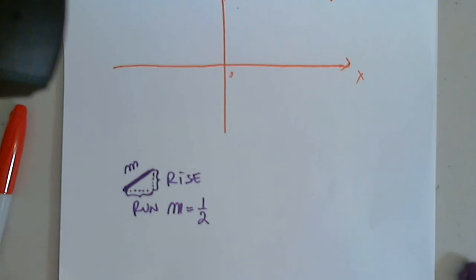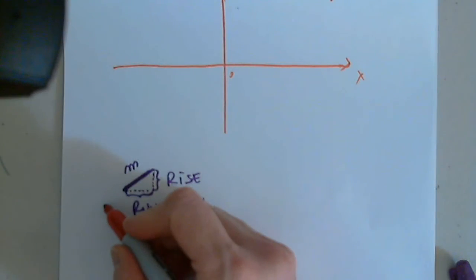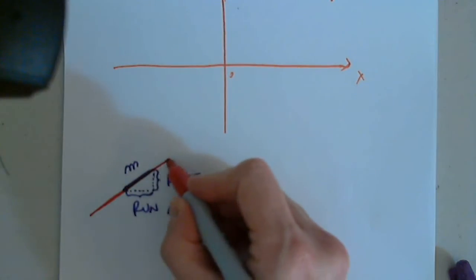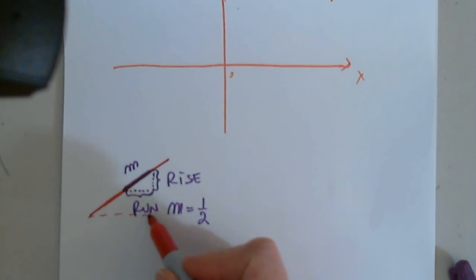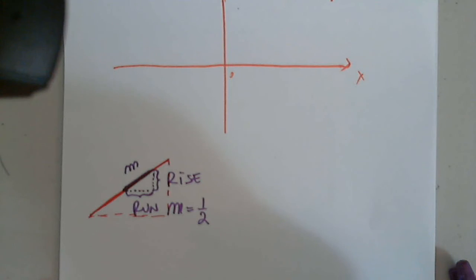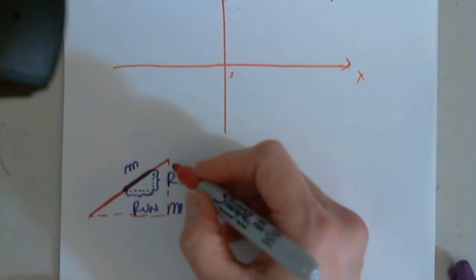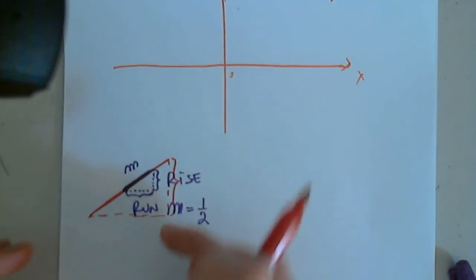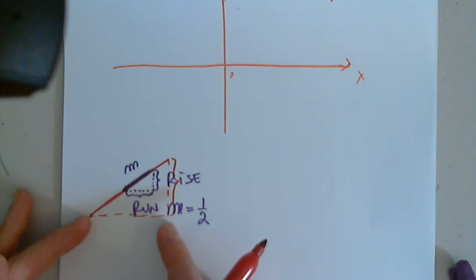Now, does it matter if I use this triangle, or let's say I extend the line and I use this triangle? It's not going to make any difference because they're similar triangles. So if I use this and I say it's 4, then this is double, which is 8.